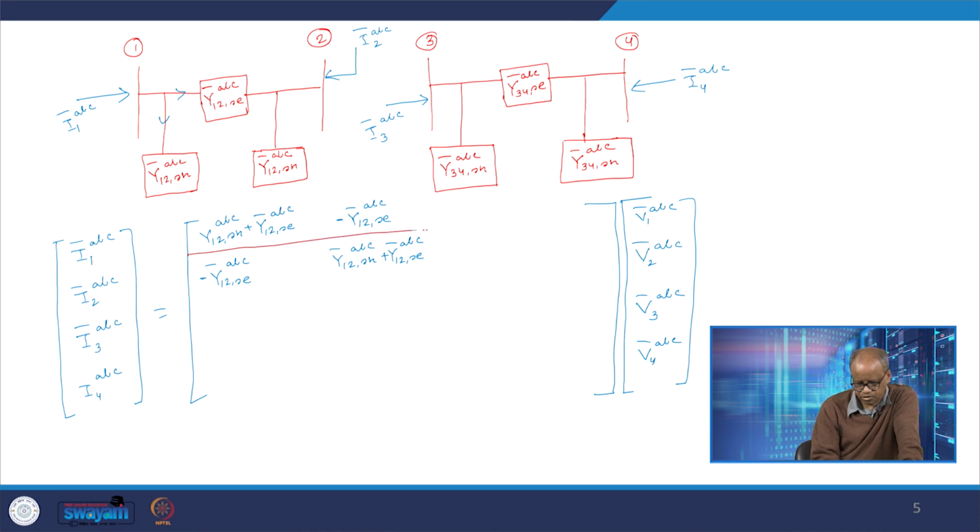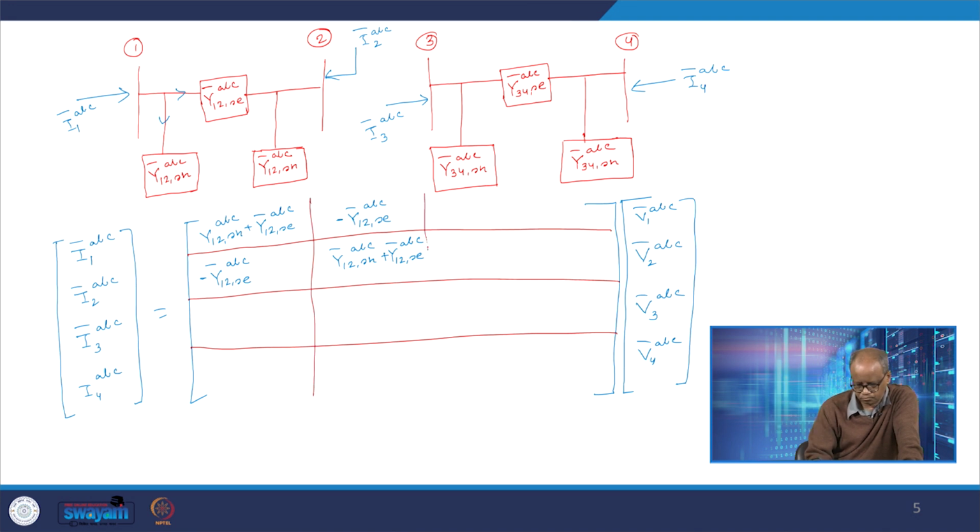So this is 0, this is 0, these are all 3 by 3. And of course for I2 also there would be no contribution from bus 3 and bus 4, because bus 2 is not directly connected to bus 3 and bus 4, so these also would be 0 and 0.